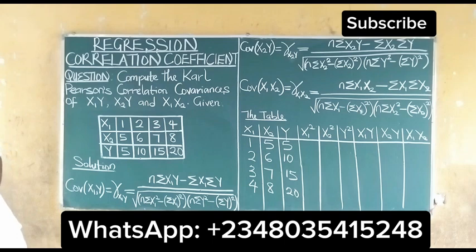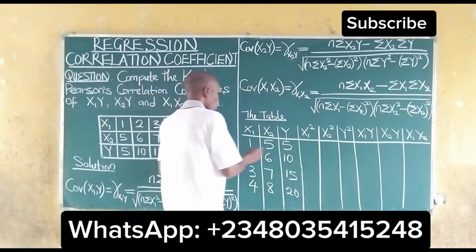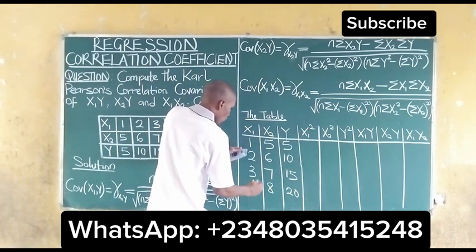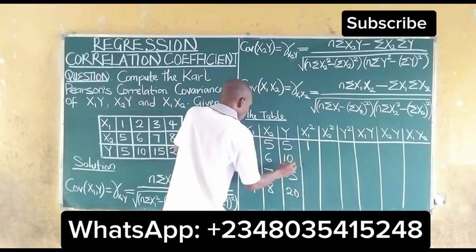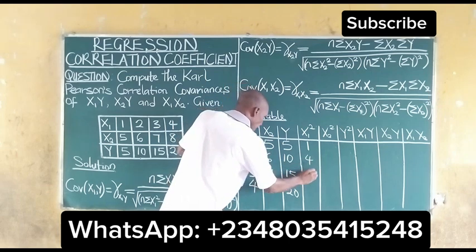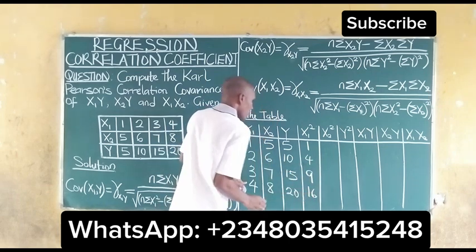Now, x1 squared, the whole of this, we square all the values here. We have 1, 2 squared is 4, 3 squared is 9, 4 squared is 16.